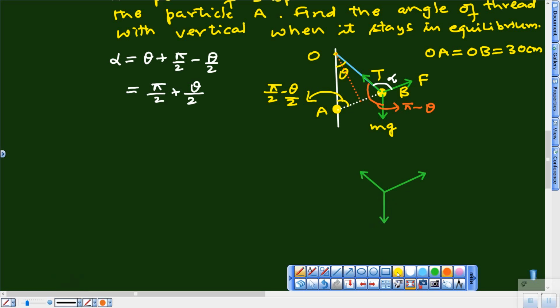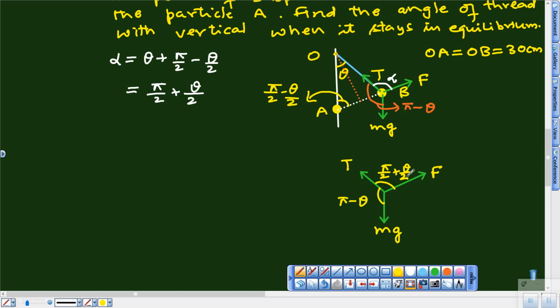This is mg, this is F, Coulombic repulsion, this is tension, and this angle, which is alpha, is nothing but π/2 plus θ/2, and this angle is π minus θ.